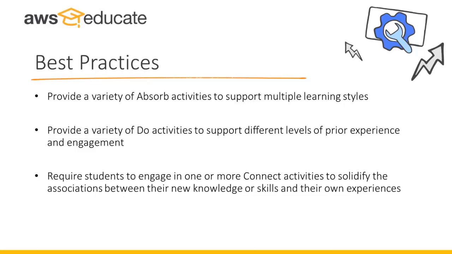Several things happen when you list a variety of choices. Number one, you're targeting different levels of experience. So someone brand new is going to want to pick the first or second activity. They think it's easy. They're going to go with that. Students with more experience might want more of a challenge. So they're going to look for a harder activity, something that they find challenging or more relevant to their personal experience.